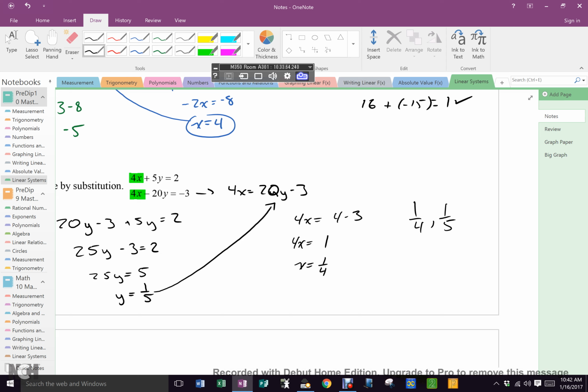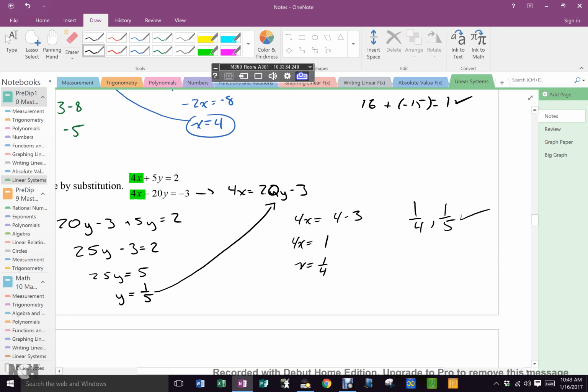If I have 4 quarters, how much money do I have? $1. What's 5 times 1/5? 1. What's 1 plus 1? 2. So is this the right answer? Yes. Please notice I am allowed to substitute this way.